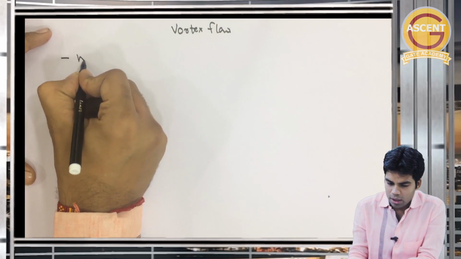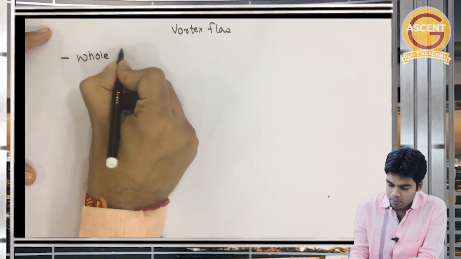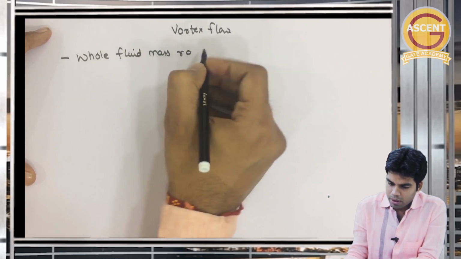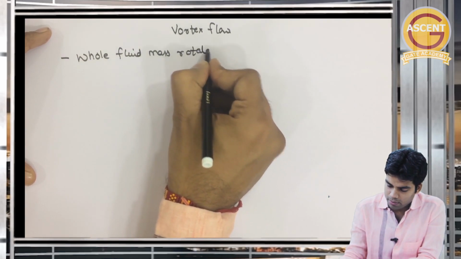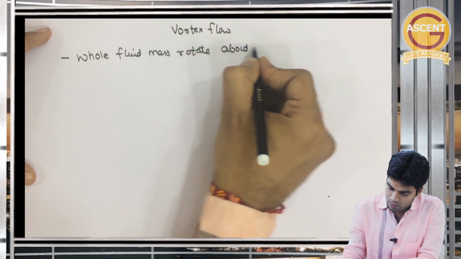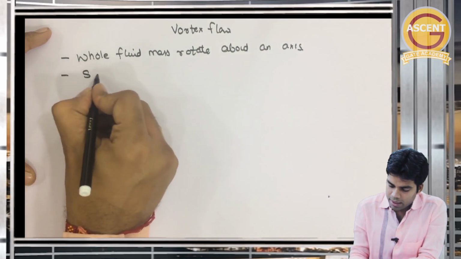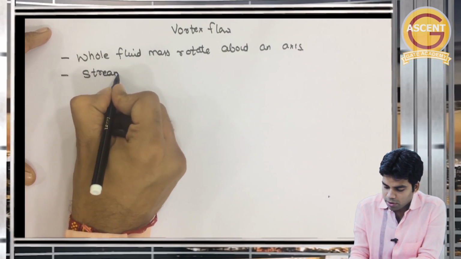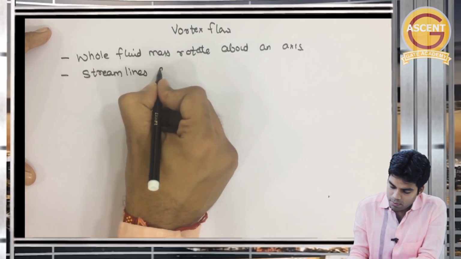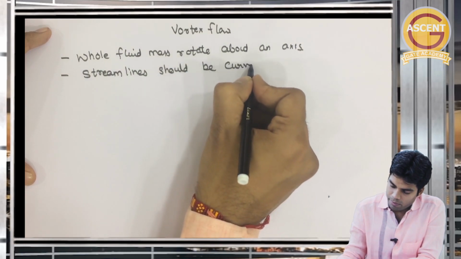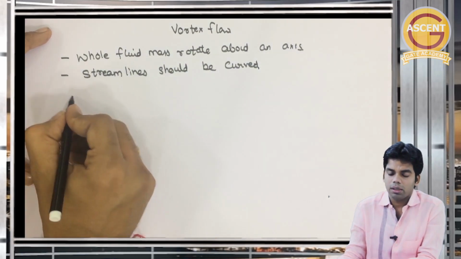The very first thing, the whole fluid mass must rotate about an axis. Second thing, the streamlines should be curved.